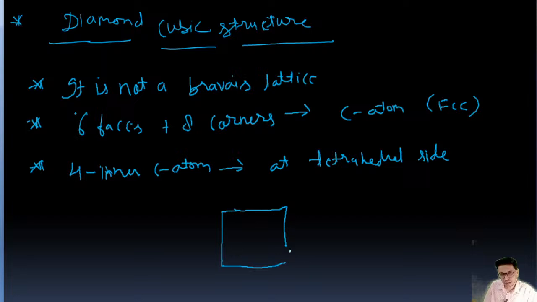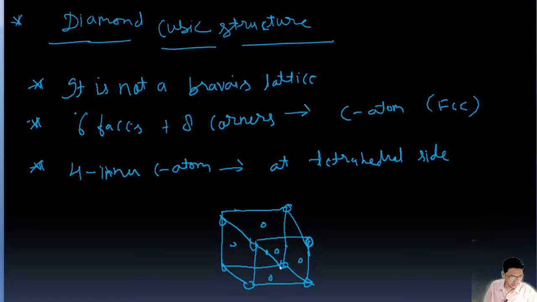So this is the diamond cubic structure, okay. In this one, there are 8 carbon atoms at the corners, and 6 atoms at the faces, and there are 4 inner carbon atoms at tetrahedral sites, okay.